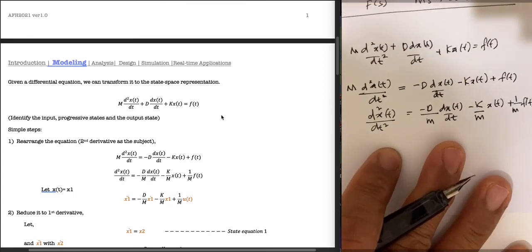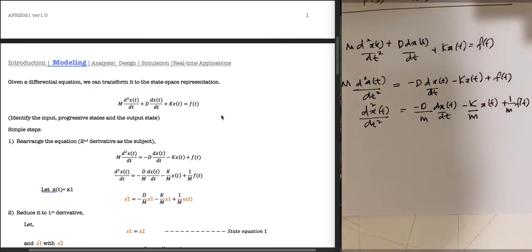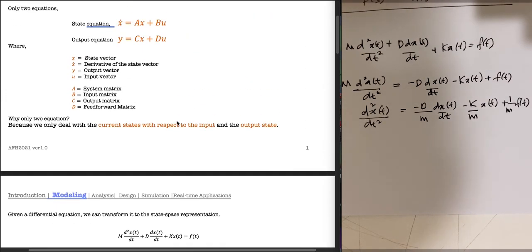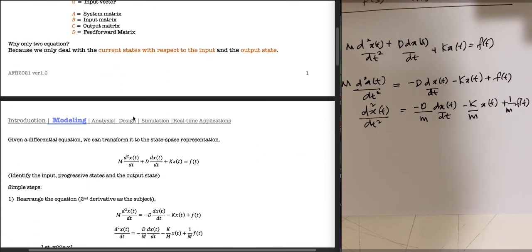State space equations only have, at most, the first derivative of the state vector.